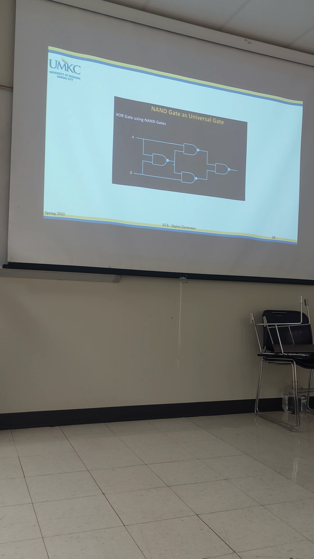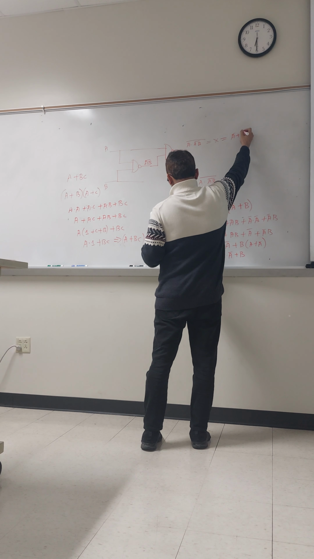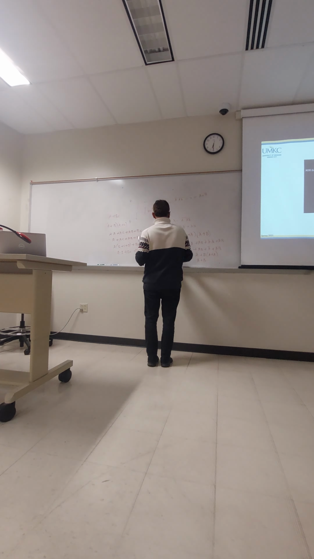Plus A bar A bar plus A bar B. Then if you take B common here, A plus A bar. A plus A bar means 1, right? So here we'll get A bar plus B.